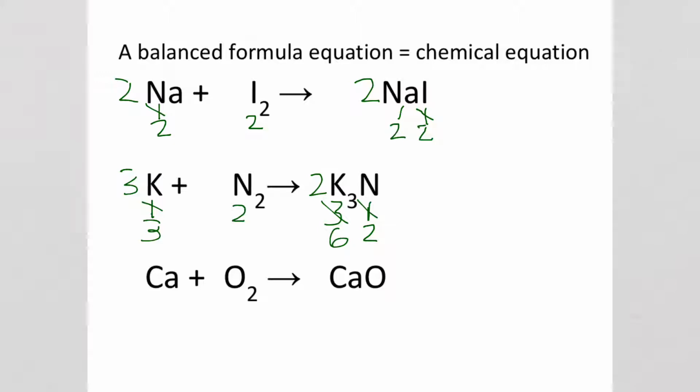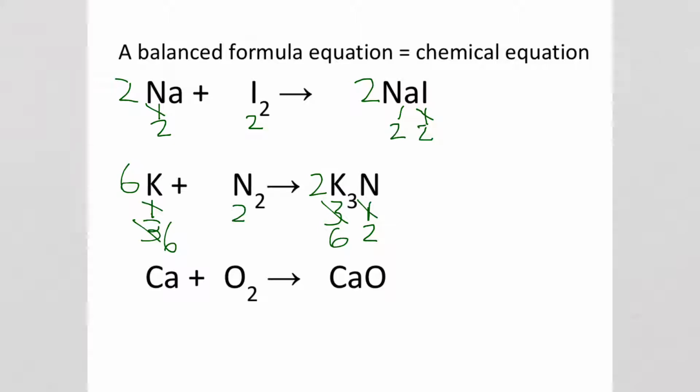You can always go back and change that. Change that to make 6 here, therefore make 6 here. So I have 6 potassium on the left, 6 on the right, because 2 times 3 is 6, 2 nitrogen on the left, and 2 times 1 nitrogen is 2. And this is my balanced chemical equation.